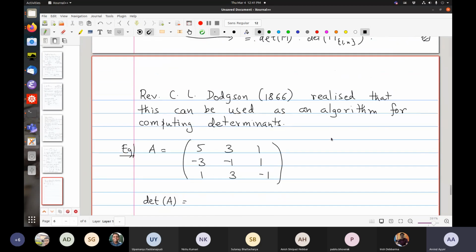So the algorithm is that determinant M can be written as determinant M11 times determinant MNN minus determinant M1N times determinant MN1, divided by determinant M1N.